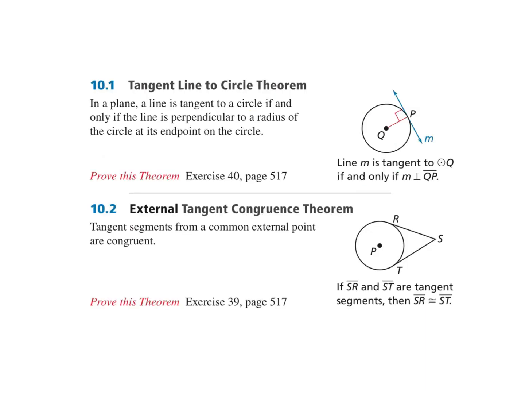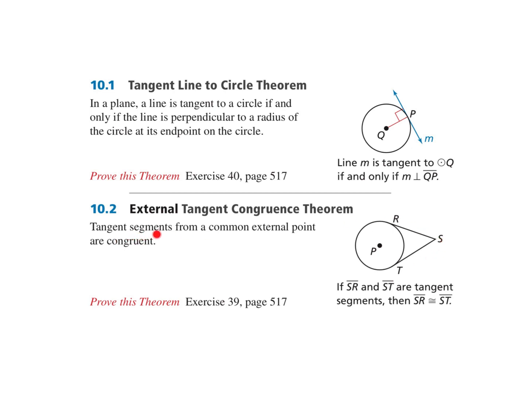Now, the tangent line to a circle has to be 90 degrees perpendicular to the radius. So in a plane, a line is tangent to a circle if and only if it's perpendicular to the radius. External tangent congruence theorem. Okay, so now we're going to start getting into some calculations.